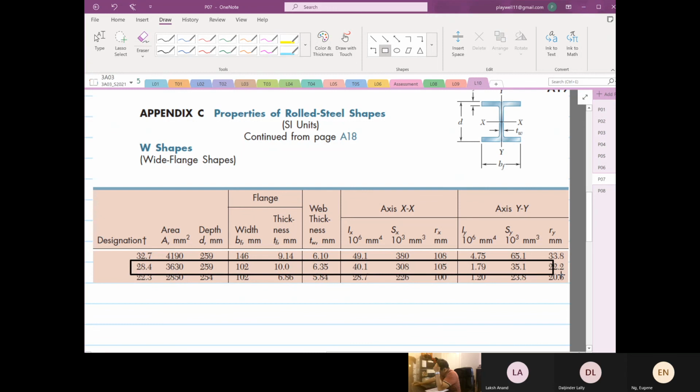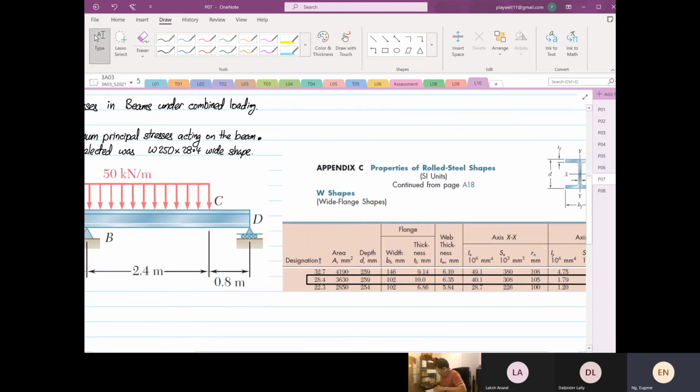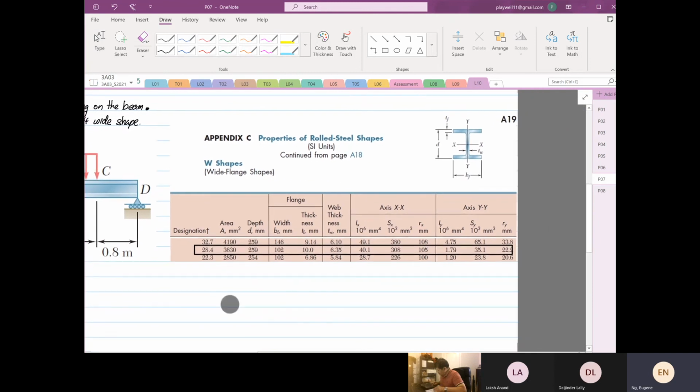This is the geometry that we know has been selected. First of all, I want to focus on the cross section of the beam. I want to explain the theory first, what we're going to do.